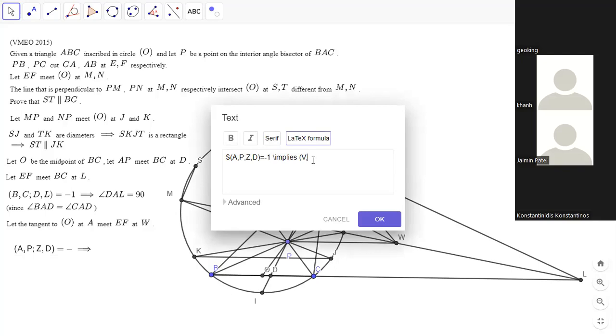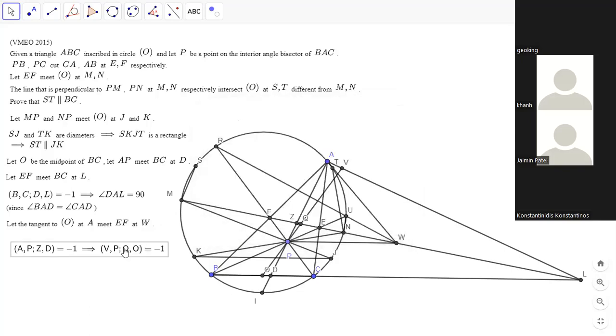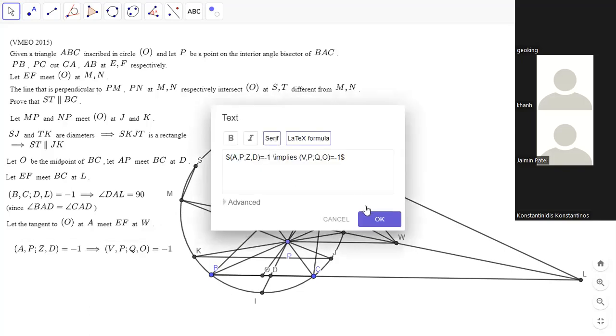For V, P, Q, O are in harmonic conjugation. There we go.